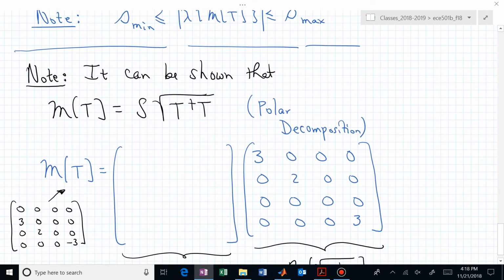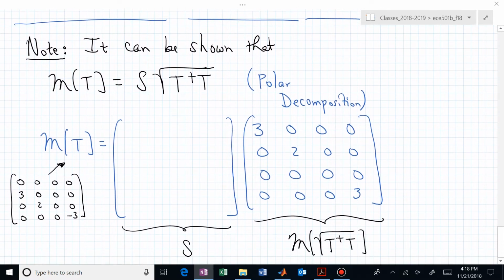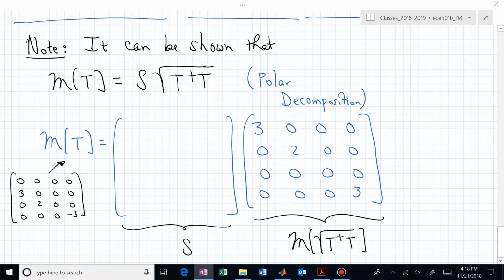We can also find this polar decomposition. Now that we've gone this far in our example, let's go ahead and look at finding the polar decomposition of this operator t. The matrix representation of t I've written down in a small form, this 4x4 matrix on the left.